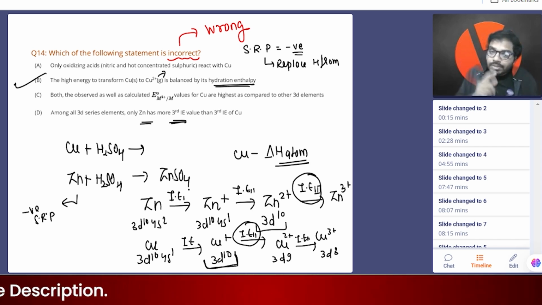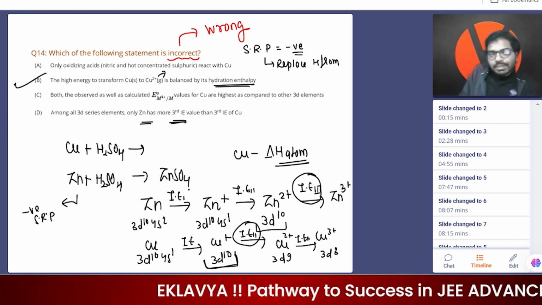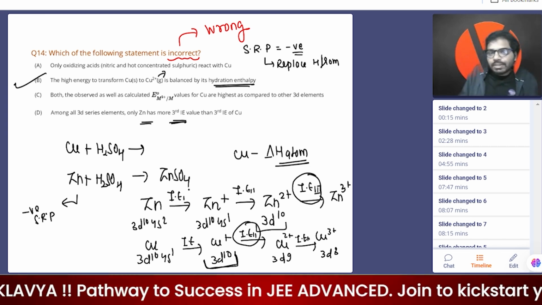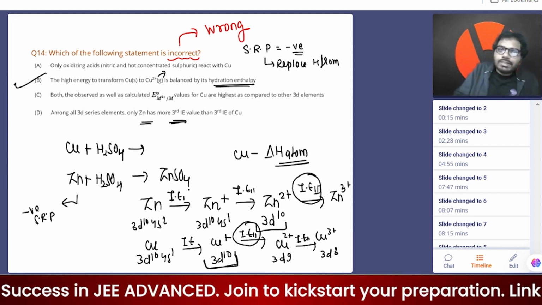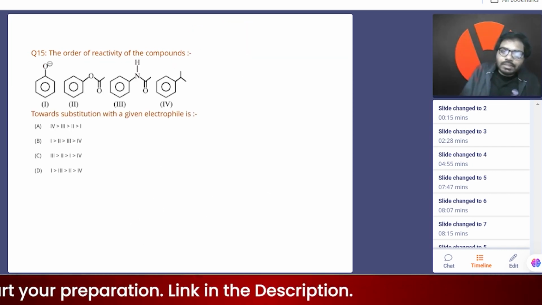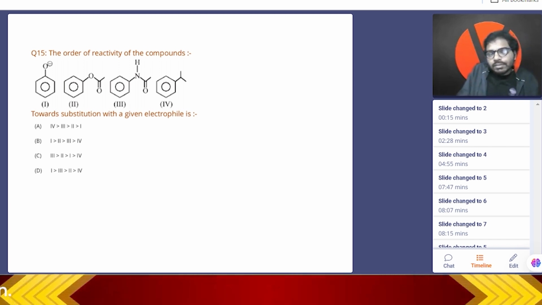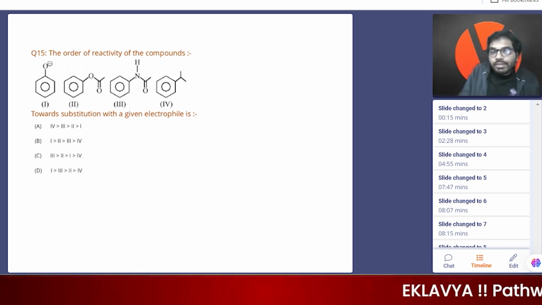But in the option, they are asking for the third ionization enthalpy value. So for zinc, it is greater compared to copper. So all statements are correct. Only option B is incorrect. So the correct answer will be B, which is the incorrect statement.